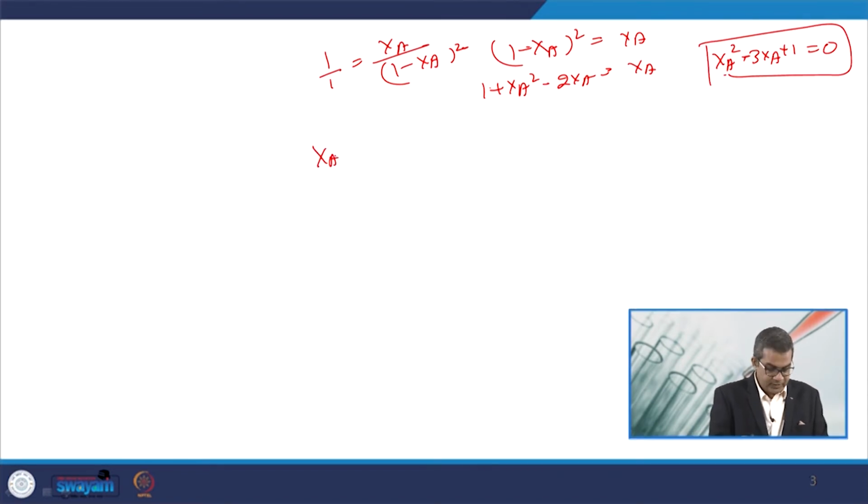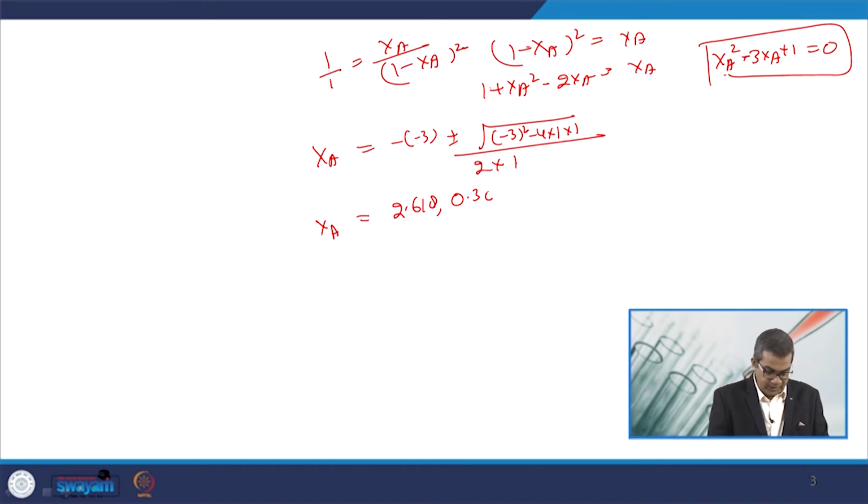So this is a quadratic equation, and Xa is equal to 3 plus or minus the square root of 3 squared minus 4 into 1, upon 2 into 1. If we calculate the final value of Xa, it comes out to be 2.618 and 0.3819.